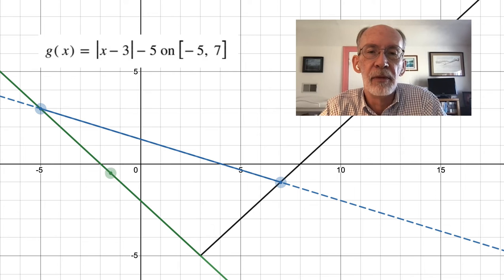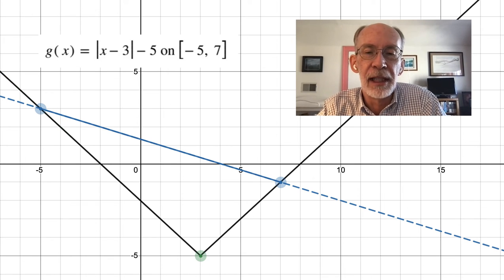and I begin to move it around a little bit, it becomes readily apparent that the tangent line is going to coincide with the function on each of its branches, on either side of the vertex. And in fact, at the vertex, at x equals 3, the function is not differentiable, and therefore there is no tangent line.